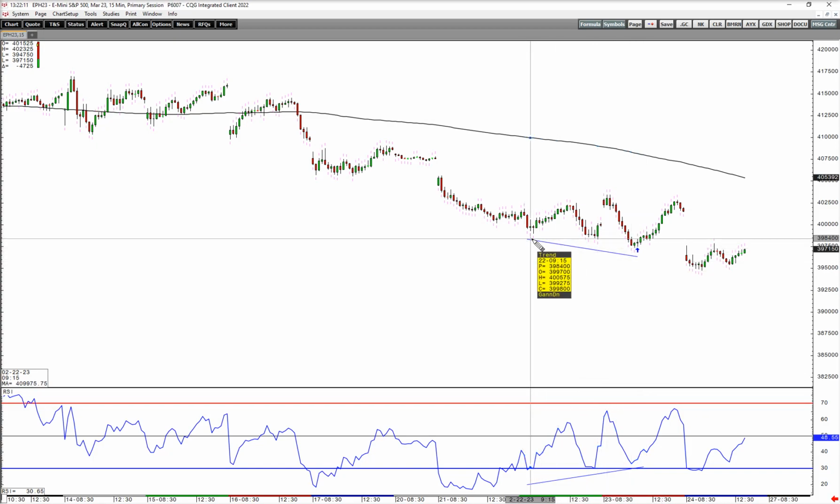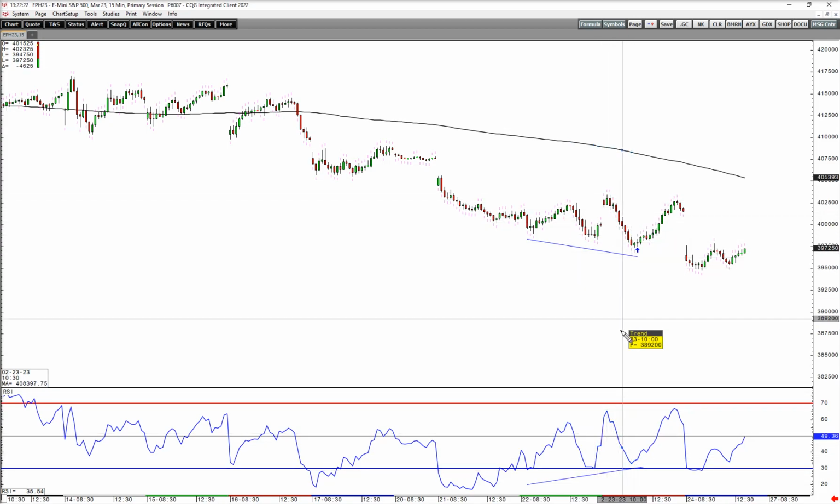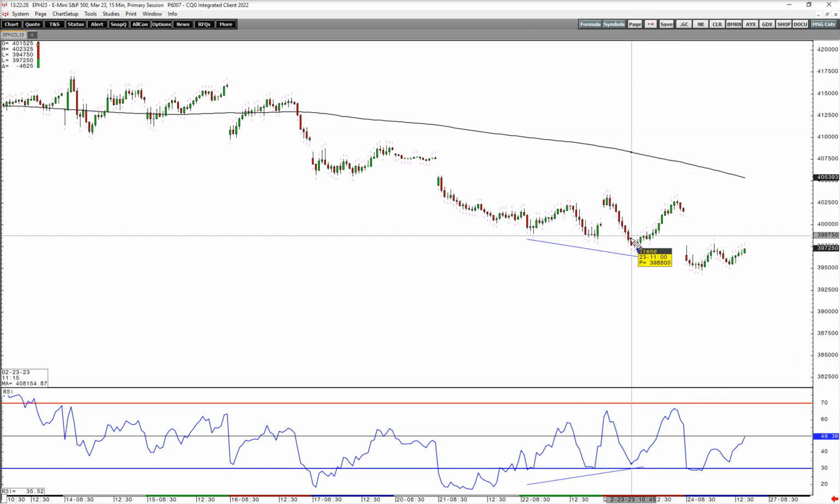That kind of showed you that this push here had more momentum. This push here to a lower price was slightly less momentum, and this push here to an even lower price was even less momentum. So that kind of sets up for a counter trend move.